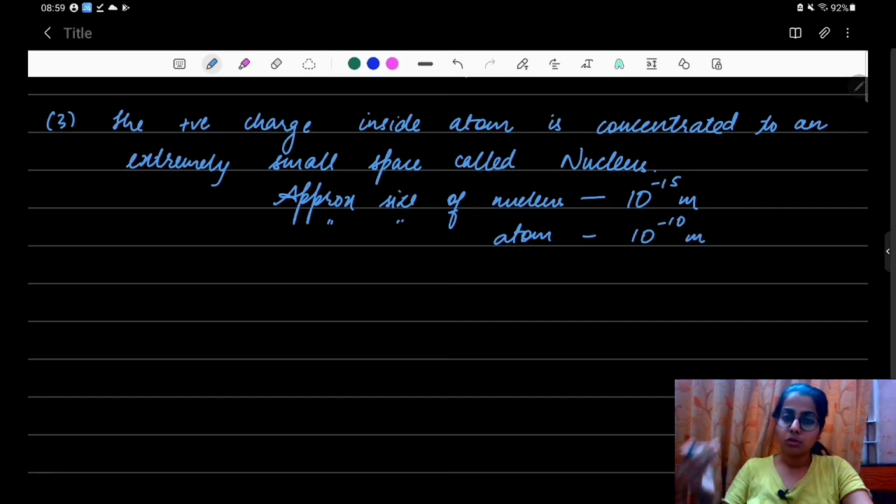The size of nucleus is 1 lakh times smaller than atom, because only 1 in 8,000 deflect at an angle more than 90 degree. The mass is present at a very small space and that is concentrated. Next observation.